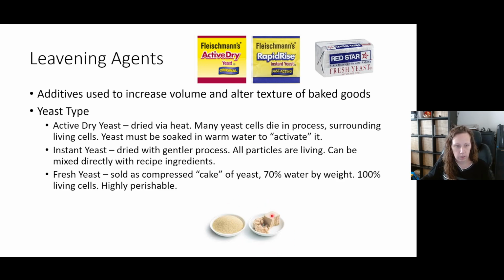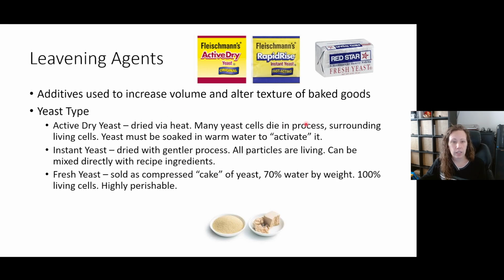And this is what that fresh yeast looks like when you take it out of the package. It is 100% living cells, but because it's fresh, it's highly perishable. And so, like I said, it's typically going to be refrigerated, and even then, it's not going to last as long as these dried yeasts.